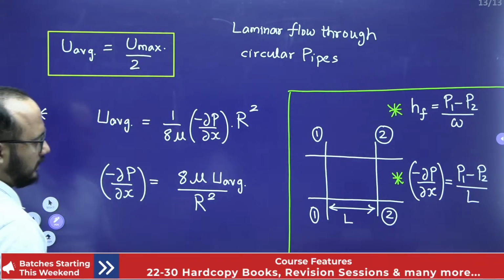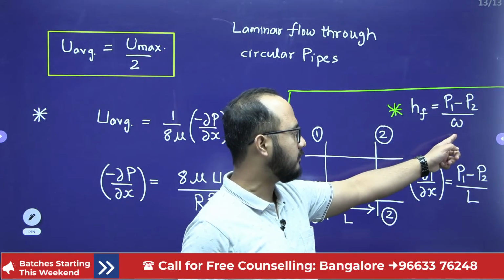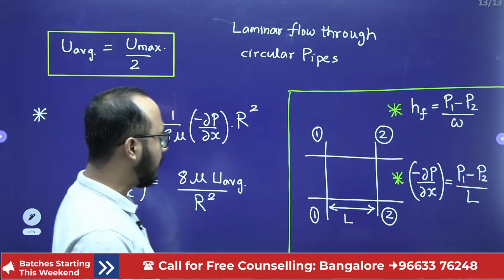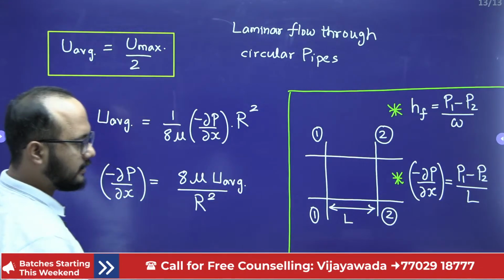Yes or no, everyone tell me. P1 minus P2 will be specific weight multiplied by HF. That is the relation we are getting. Now instead of writing minus ∂P/∂X, I will be using the P1 minus P2 relation.